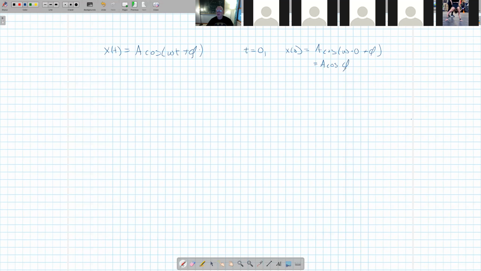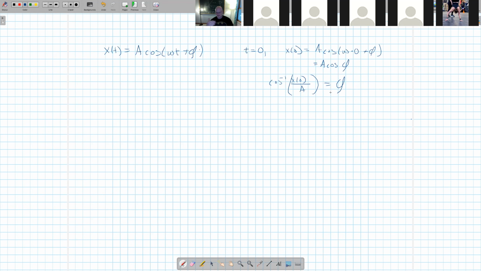Okay. So basically what this says then is what? If we want to determine the phase factor, all we then have to do is what? Divide both sides by the amplitude and then take an inverse cosine to isolate then the phase factor. So from here, if we take the position at time equal to 0 divided by the amplitude and an inverse cosine of that, that's then the same thing as the phase factor.